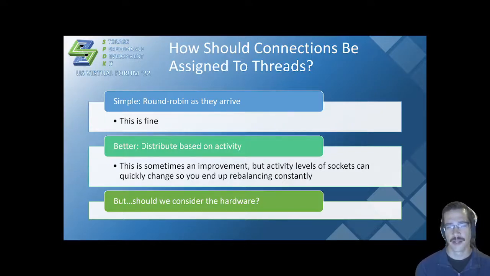We have not found that to be particularly effective because the activity level is very spiky. And so by the time we can react to too much grouping of active connections on one thread and shuffle things around, the profile has changed. So we have not generally found that to be a major improvement. It doesn't seem to be worth it.